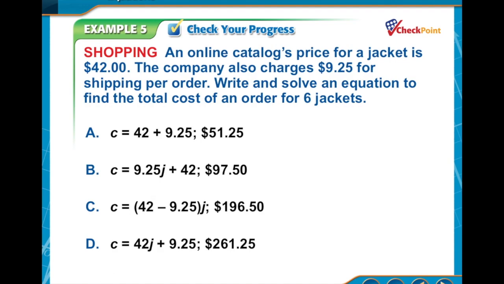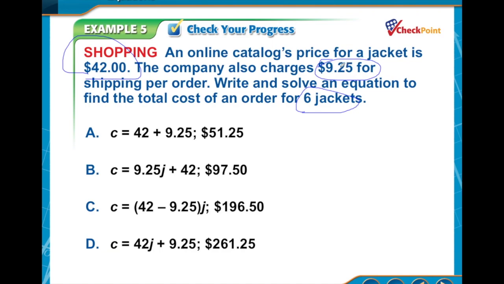So since we know the things that are important, we can work through this. 42, 9.25, we've got 6 jackets. Okay, so I know that the price of a jacket is 42. We're doing 6 of those. And there's a $9.25 fee for shipping per order.